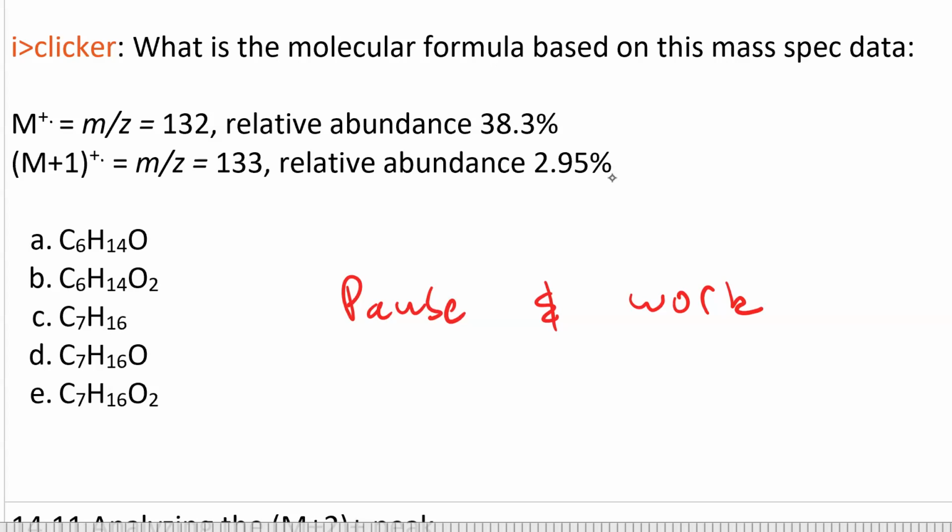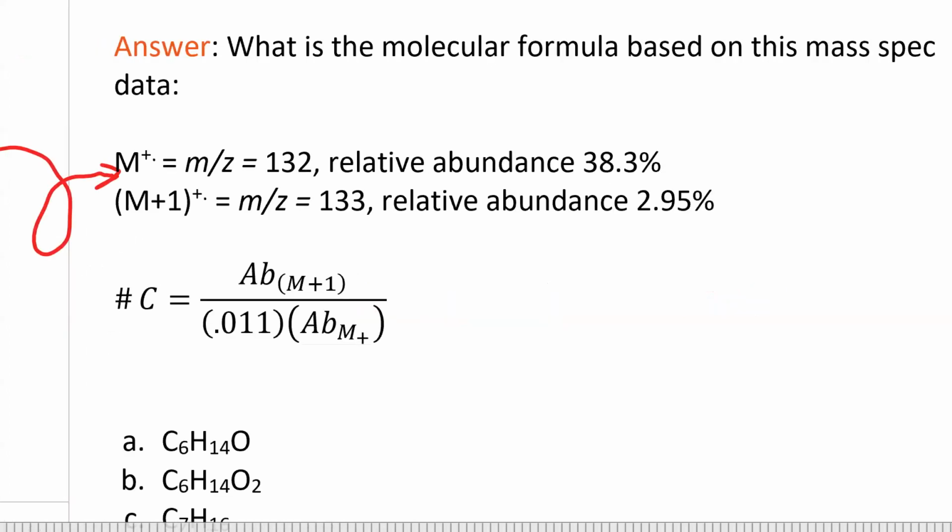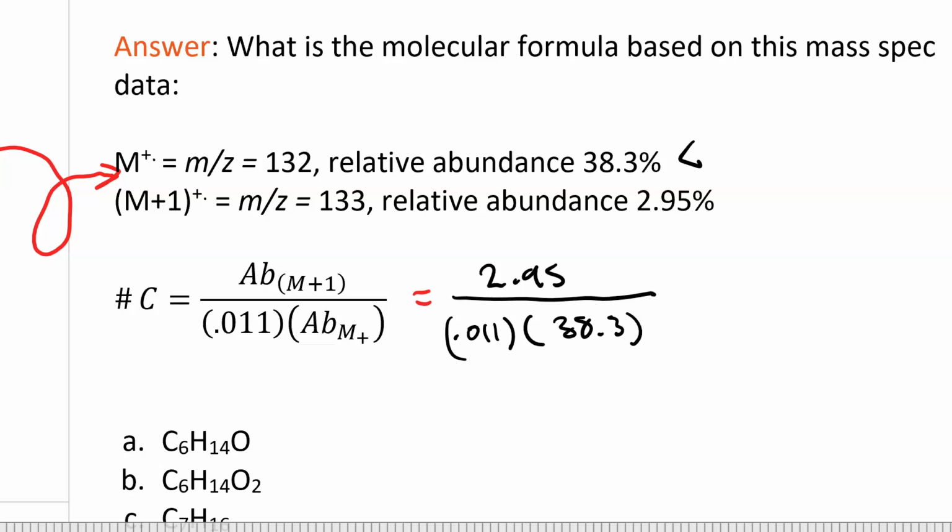and work it out. So the first thing we want to do is figure out how many carbons there are. And we take the percent abundance of the M+1 peak, which is 2.95. We divide it by 0.011 times 38.3, which is the percent abundance of the molecular ion peak.